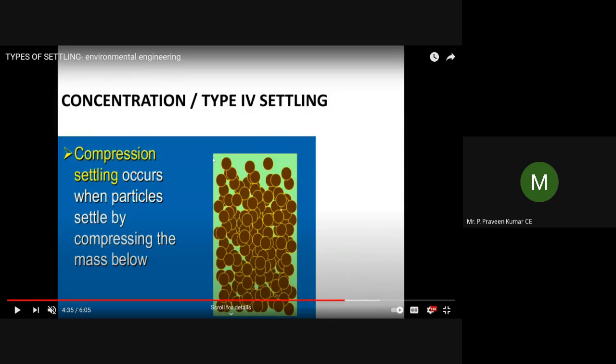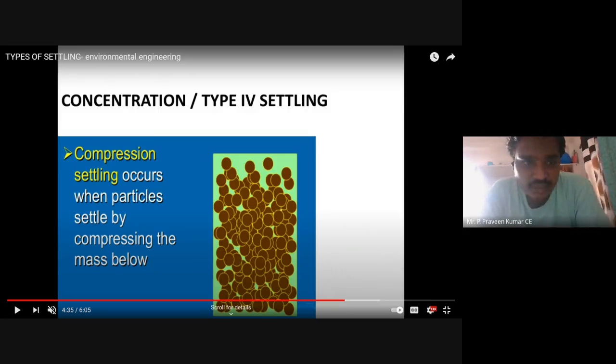This is the final type of particle settling, that is compression or type 4 settling. See here, compression settling occurs when particles settle by compression in the flow. Here the air is blown at the bottom of this tank. So at that time, what will happen? The entire water will be disturbed, which means the particles present in the solid waste will be disturbed.